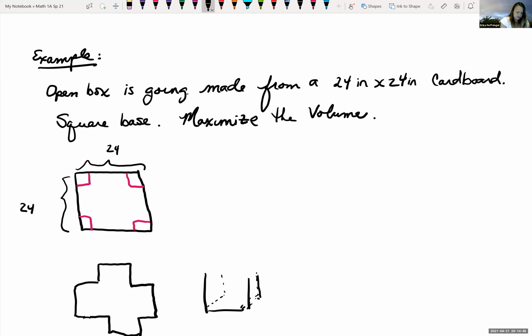Okay, so you kind of get my idea, but again, I don't draw very good three-dimensional. I don't draw very good two-dimensionally.